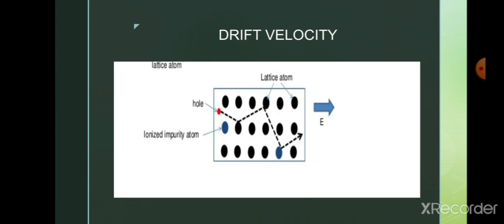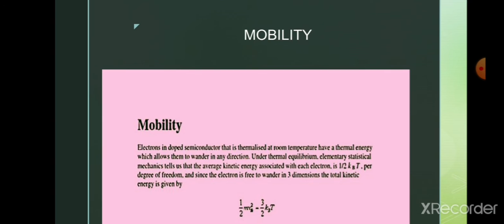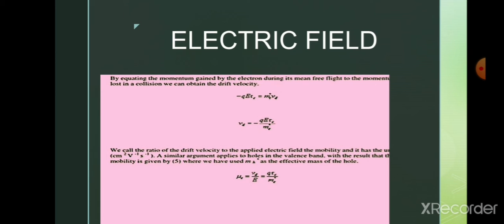The momentum applied to an electron is given by minus qE tau c, and the momentum gained is given by Mn Vn. We have, so, minus qE tau c is equal to Mn Vn. So Vn can be given as minus q tau c divided by Mn times E, where E is the electric field.